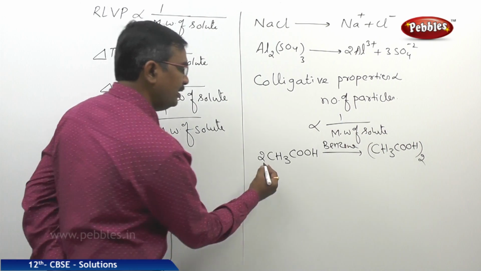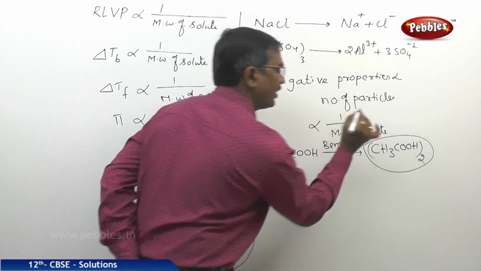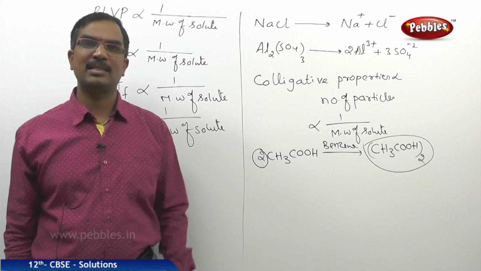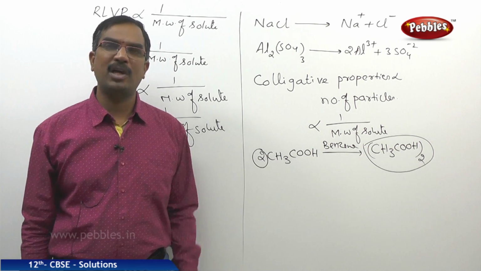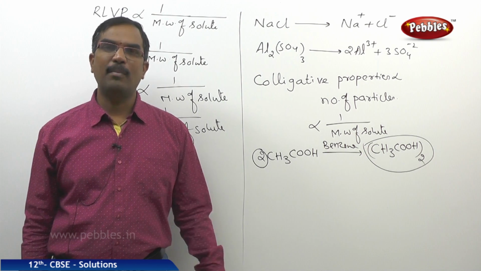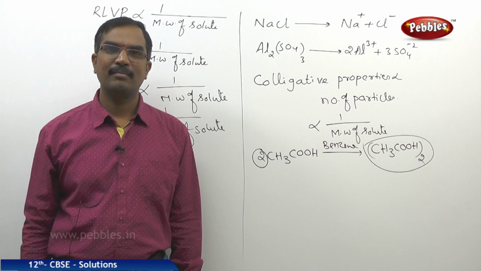That means here 2 particles have changed into a single molecule or single particle. That means in this case the number of particles decreases. That's why the colligative properties should also decrease, and the molar mass which is observed should increase.